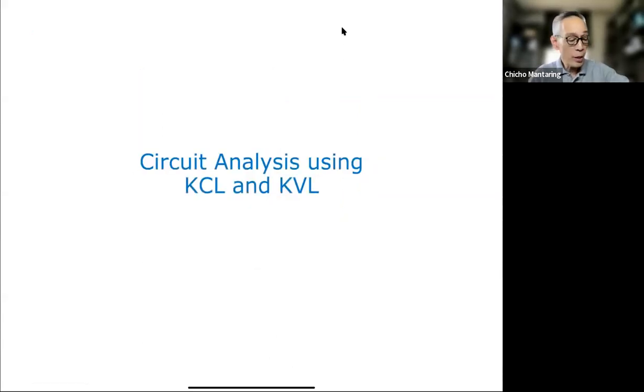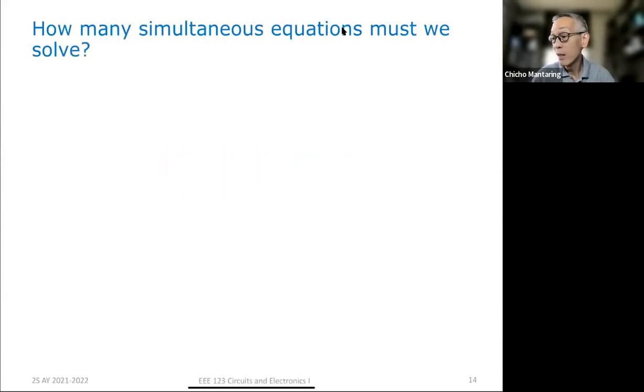So let's go to the meat of this lecture, circuit analysis using KCL and KVL. You will notice that you will have a lot of unknowns in a particular circuit. And if you have n unknowns in a circuit, let's say 10 unknowns, we need 10 equations in 10 unknowns to be able to solve for all of these unknowns.